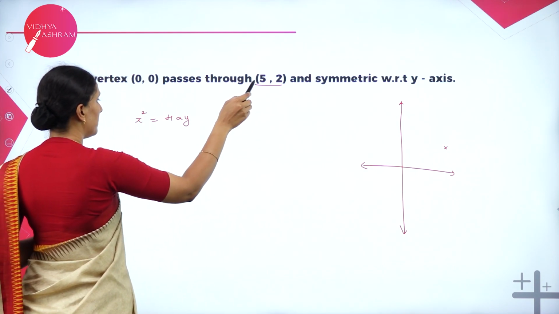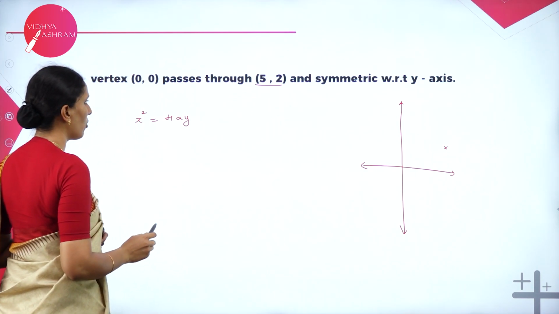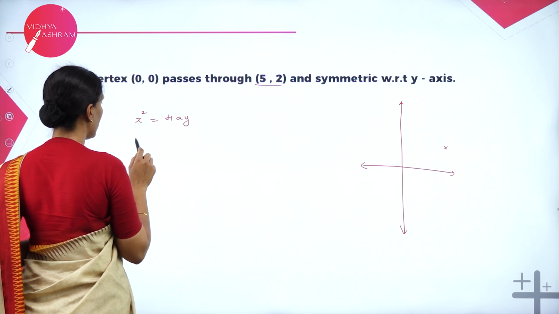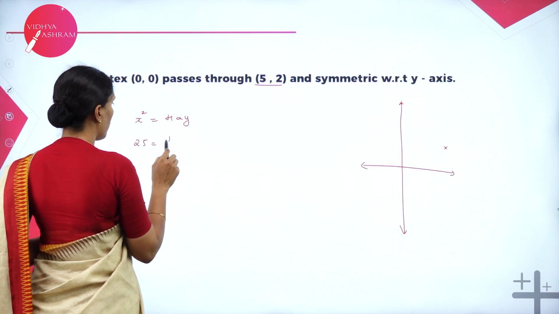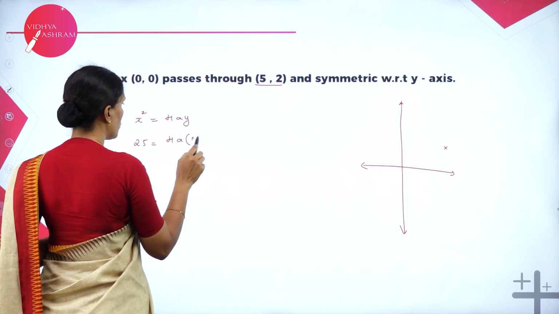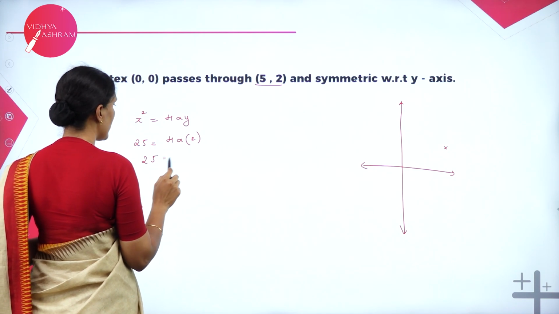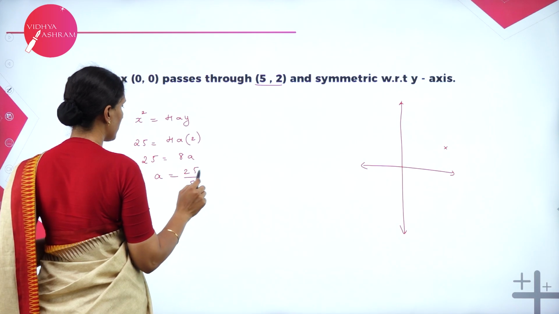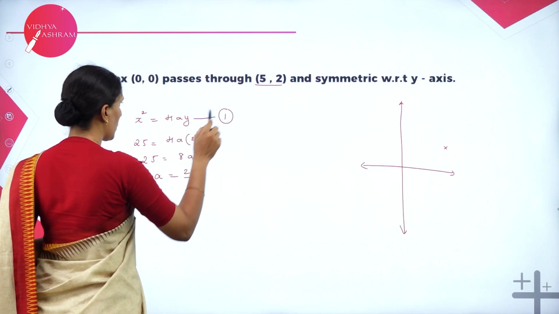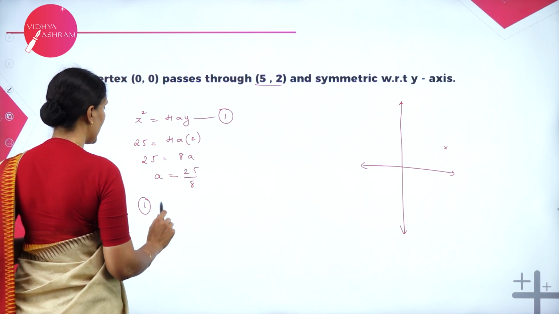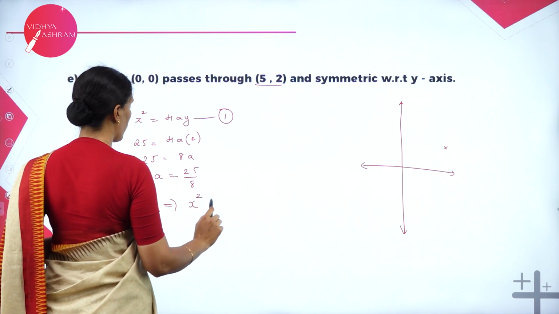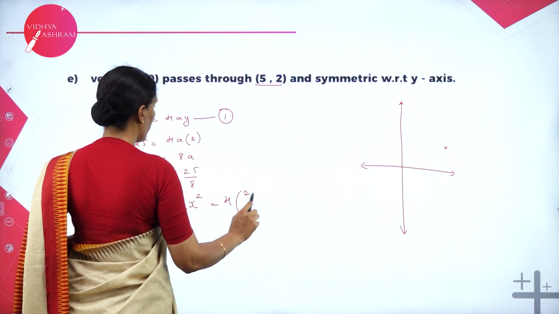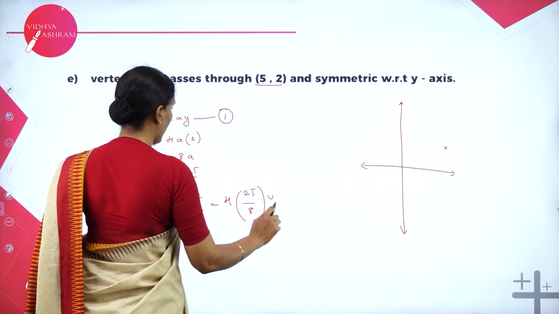So since the curve is passing through 5 comma 2, we take x as 5, 25, 4, a, 2. So 25 is equal to 8a, or a is equal to 25 by 8. So if we consider this as equation 1, put value of a there, then this becomes x square is equal to 4 into 25 by 8 y.